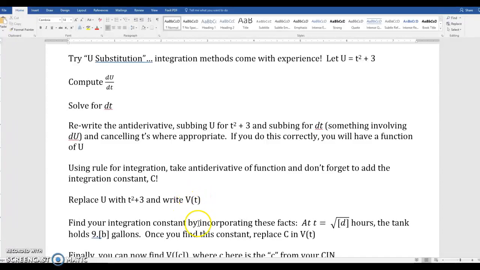So this equation then, in order to find the integration constant, becomes 9 point b, whatever your b is, equals the general form of the antiderivative where you have substituted the square root of d for t. And at that point, the only thing left in that equation in terms of a variable is the integration constant c, and you can solve for c.